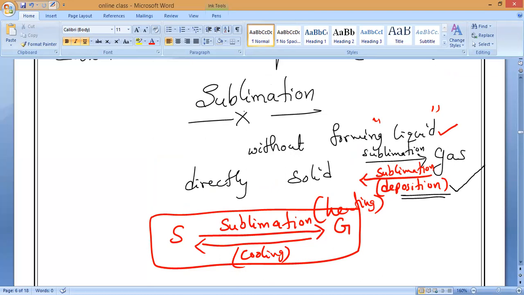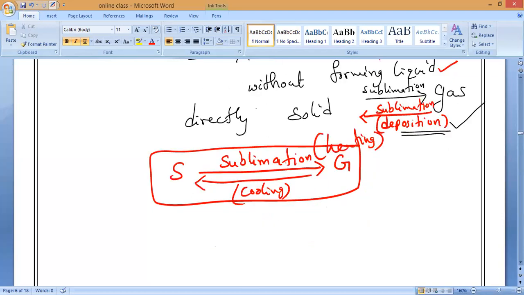Solid to gas we can say sublimation, and gas to solid we can say deposition. For convenience, you can call both sublimation only. Solid to gas is heating, and gas to solid is cooling. Okay, so that is what you have to remember.